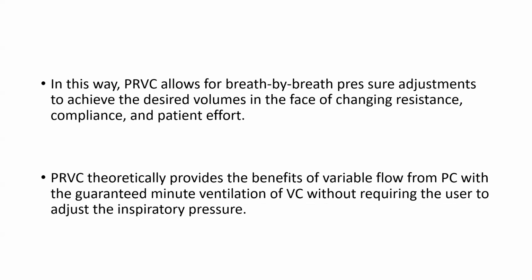In this way, PRVC allows breath-to-breath pressure adjustment to achieve the desired volume in the face of changing resistance, compliance, and patient effort. So PRVC theoretically provides the benefit of variable flow from pressure control with the guaranteed minute ventilation of volume control, without requiring the user to adjust the inspiratory pressure.